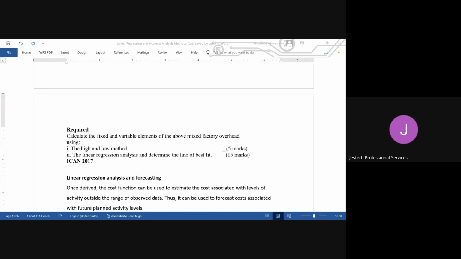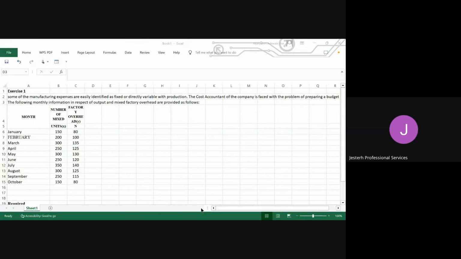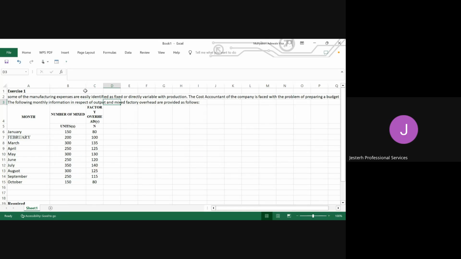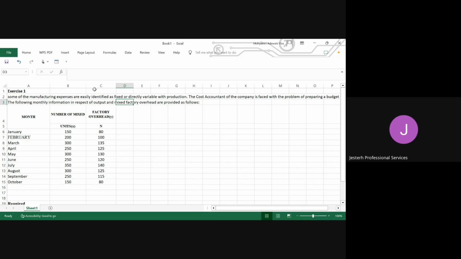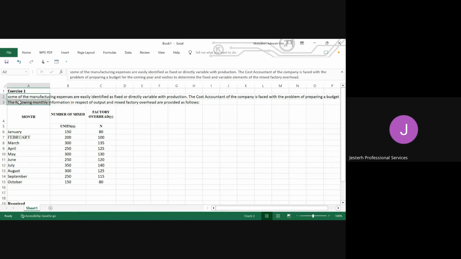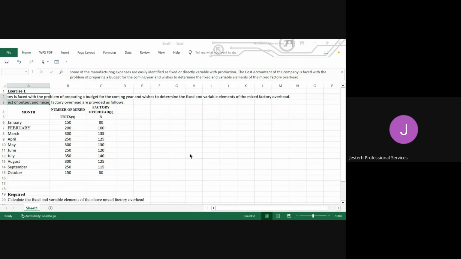Okay, now let me share the screen so that we can all see it. All right, I believe you can see the screen now.